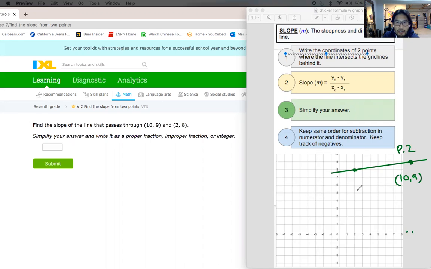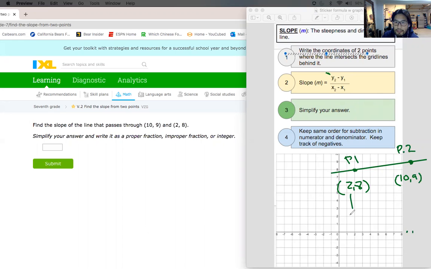And then we have 2, 8, and I'll call that point 1. And again, whichever one you want to call point 1, point 2, it doesn't matter, just as long as you keep the order the same when you do the subtraction in the formula.